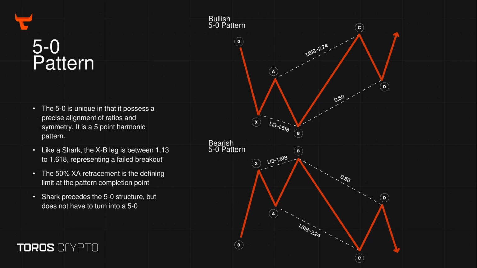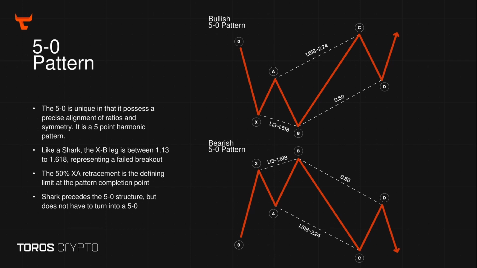But then you can make a reciprocal ABCD, and obviously you're looking for 1.618 to 2.24 from this A to C point, and a 0.5 of this B to D. And that just is a different alignment in that ABCD section of the pattern there.